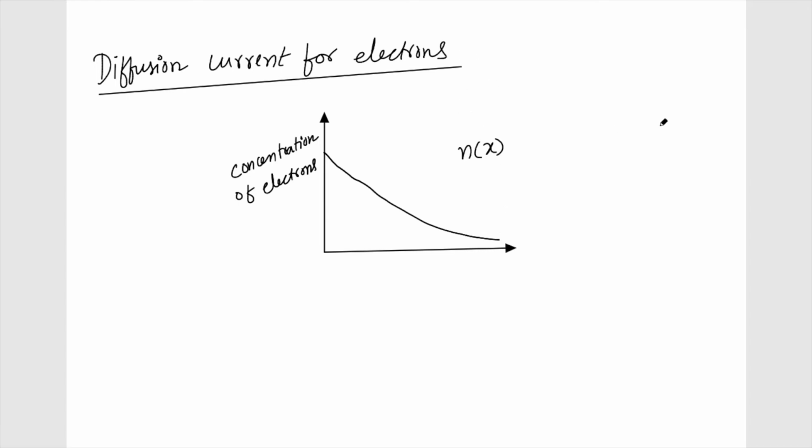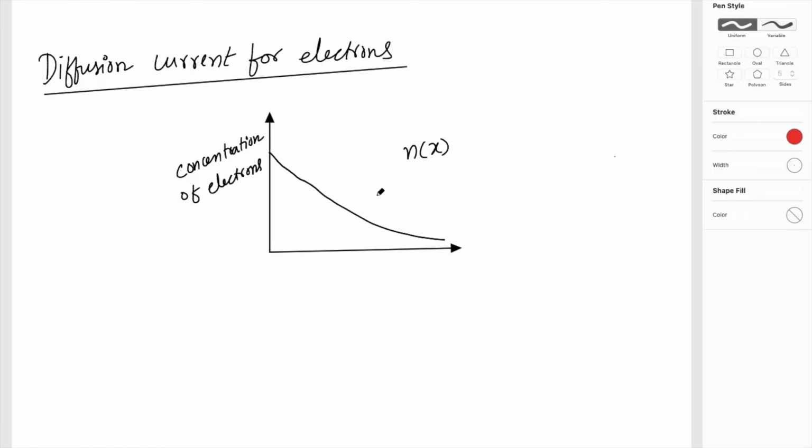So electrons will move in this direction. However, as we know, the direction of the current will be opposite to the movement of the electrons. So this is the direction of the electrons, whereas this is the direction of the current, because the convention of the current due to the electrons is opposite to its motion.